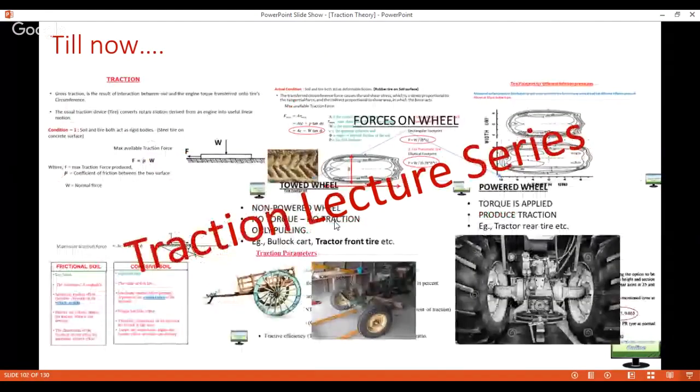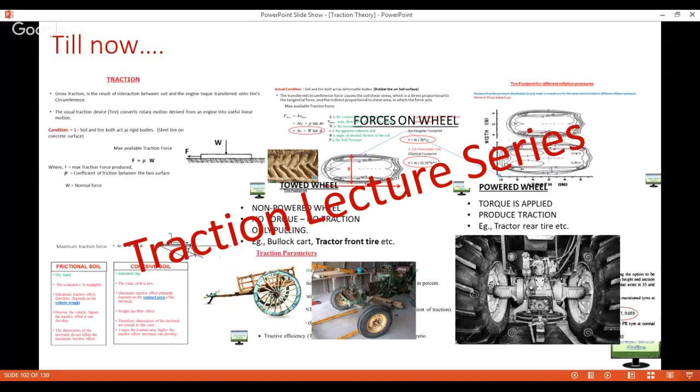Okay guys, after that we have seen how traction is generated, how tire inflation pressure will affect your traction, how different soil conditions will affect your traction, how to improve your traction, and what the factors are by which we can improve our tractor efficiency. Because again, if your tire is not able to produce sufficient traction, then you will have more slip.